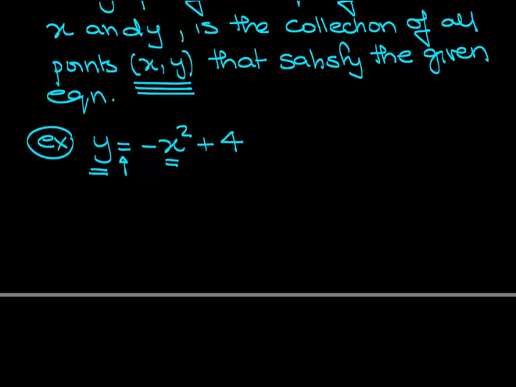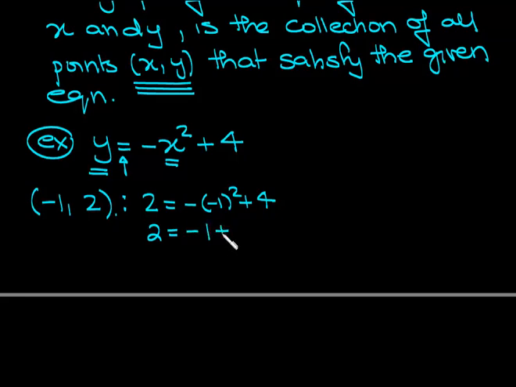Okay, so let me just go ahead and show you a couple of these examples so you can see those. Let's start with a point I pick. Let's say I have minus 1 and 2. So x is minus 1 and y is 2. Let's see if it satisfies this equation. You replace y with 2 and x with minus 1, so you put parentheses squared plus 4. So you get 2 is equal to minus 1 plus 4, and you get 2 is equal to 3. Is 2 equal to 3?